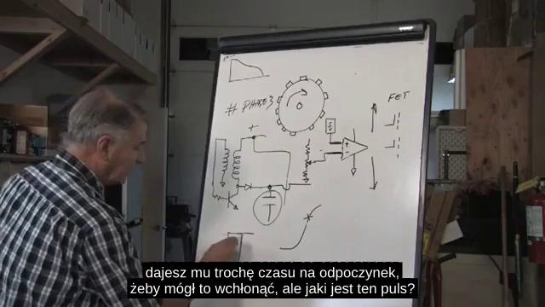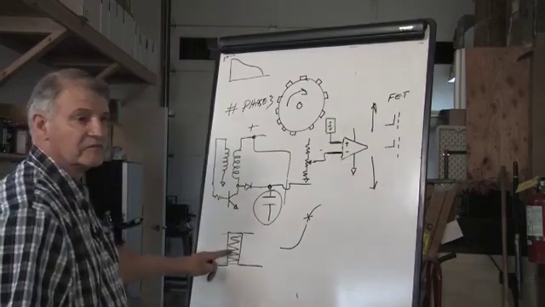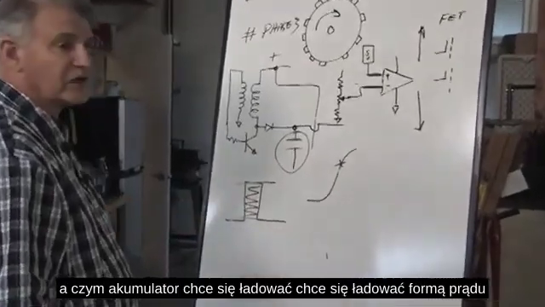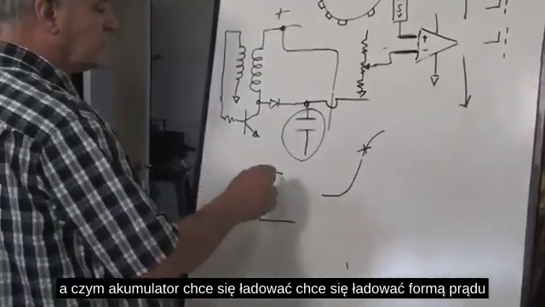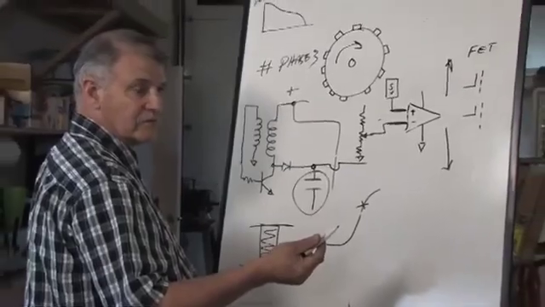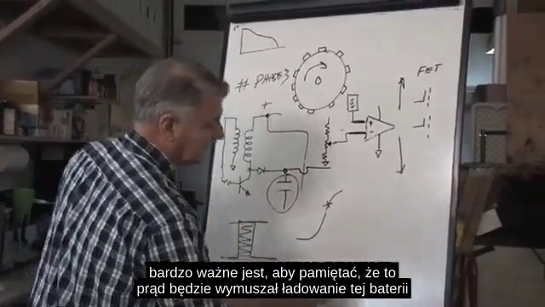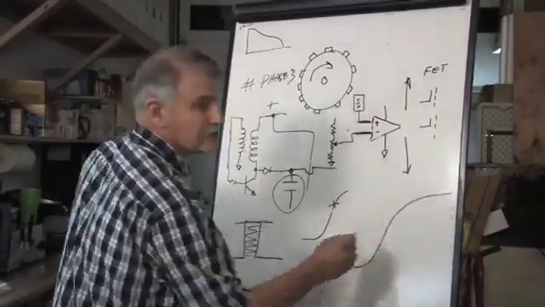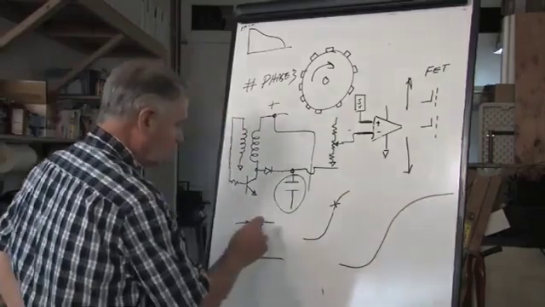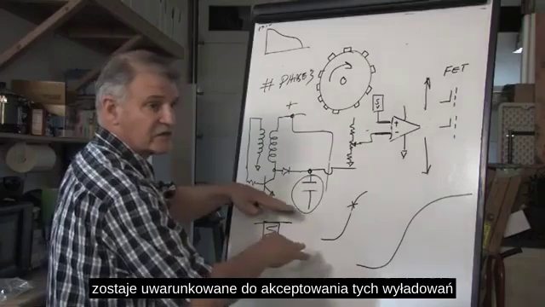But what is this pulse? It's current. And what does the storage battery want to charge with? It wants to charge with the form of current. Very important to remember that it's current that's going to force this battery to charge. Now after that, it gets conditioned to accept these discharges.